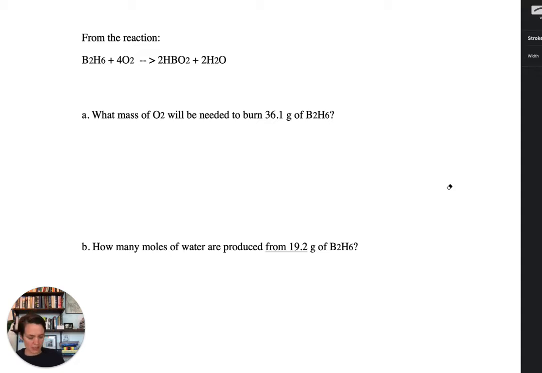So the question here is, what mass of oxygen is needed to burn this many grams of B2H6? Okay, so we have that flow, right?